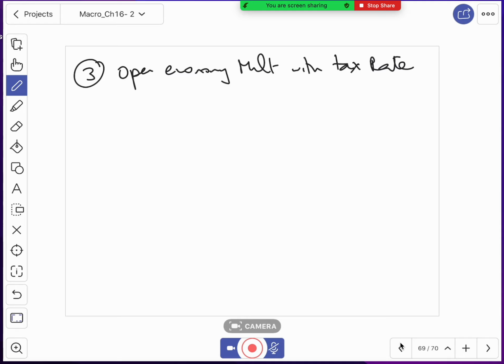So here we have our equation Y is equal to C plus I plus G plus net exports. But then we start to open the C using tax rate, like the one that we had in the previous type of multiplier.